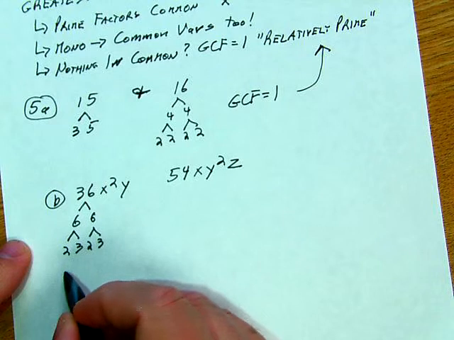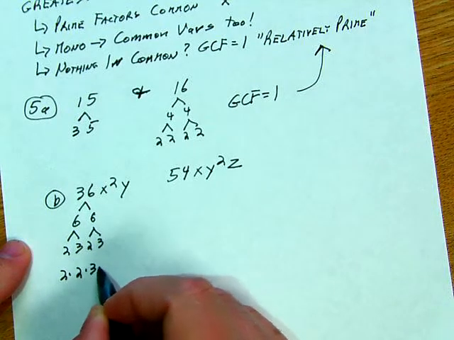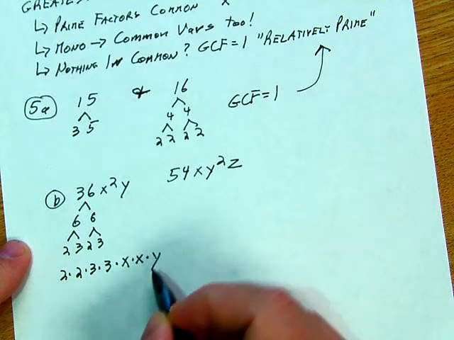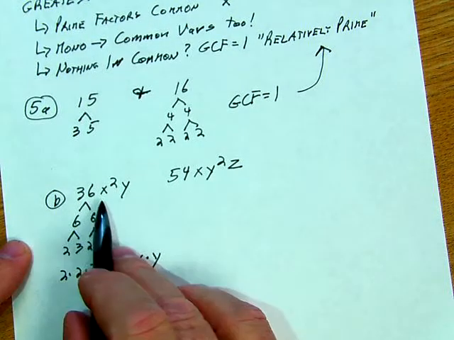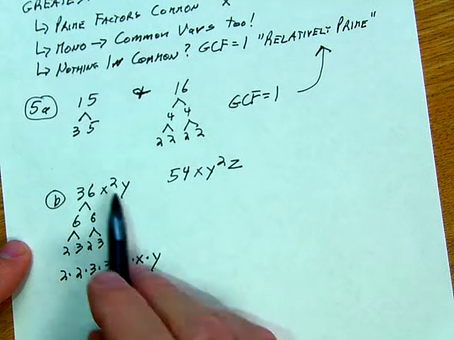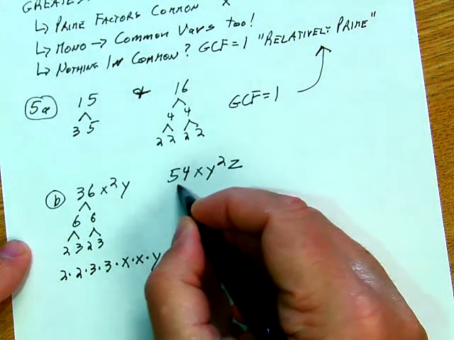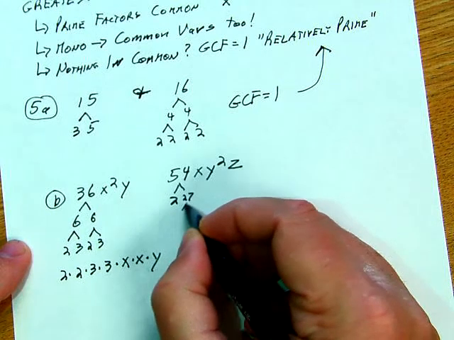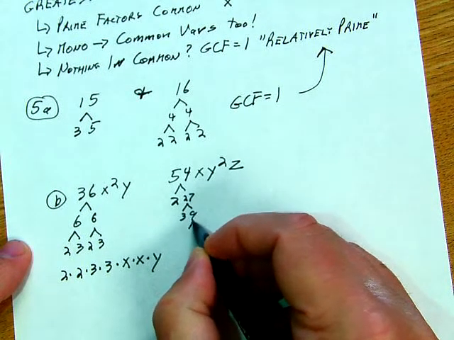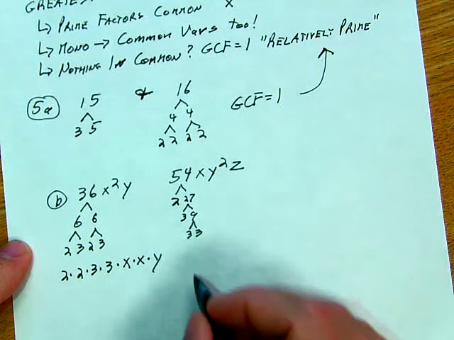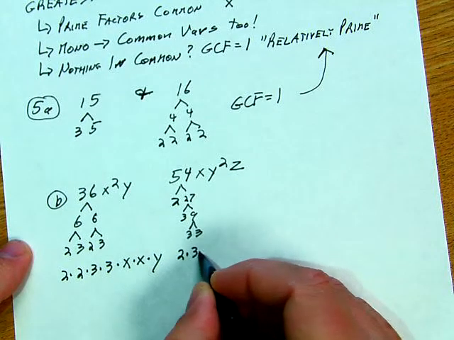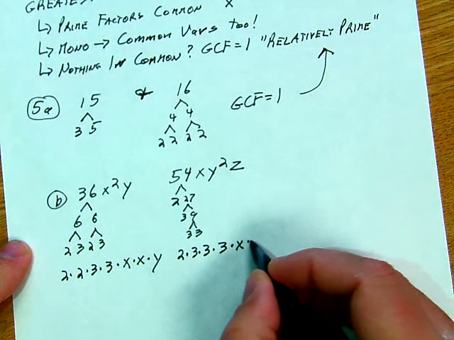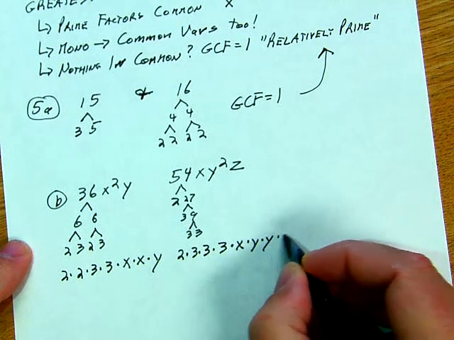So we now know that this is 2 times 2 times 3 times 3, and then we add in the variables x times y. So there's the prime factored form of that one. Let's do 54. We do 2 and 27, and then 3 and 9, and then 3 and 3. So this gets to be 2 times 3 times 3 times 3, and then we do the variables x, y has to appear twice, and z.